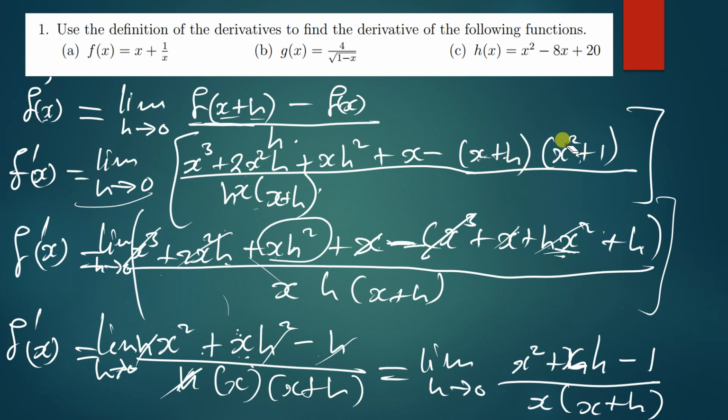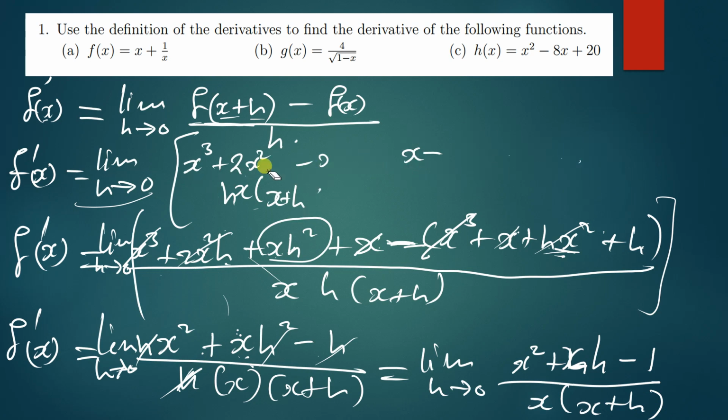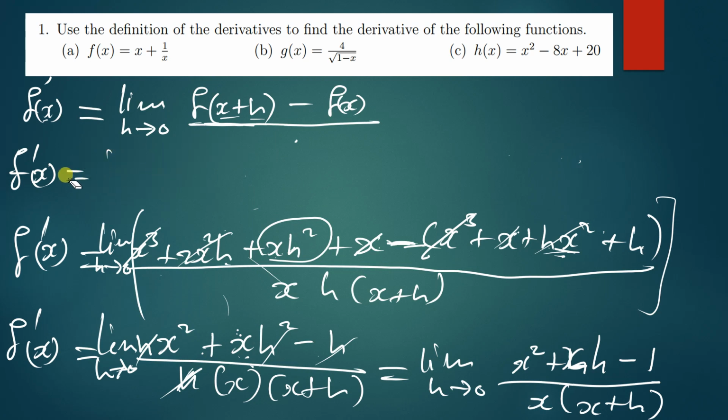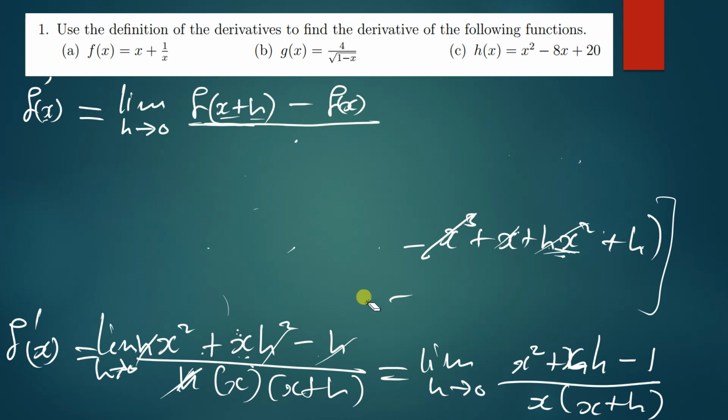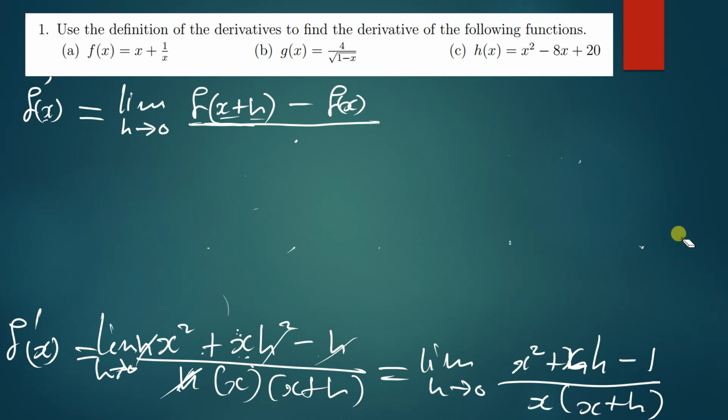So we create some more space there. Now this is easy to simplify. What you just need to do is to replace x with 0 wherever there is h in this expression. So we put 0 there and 0 there.